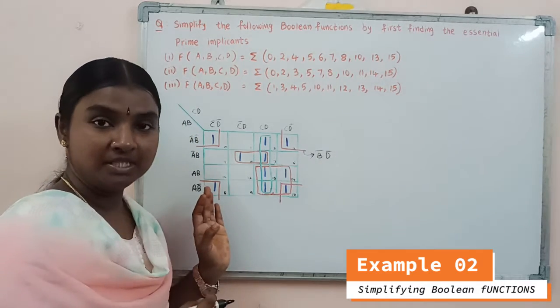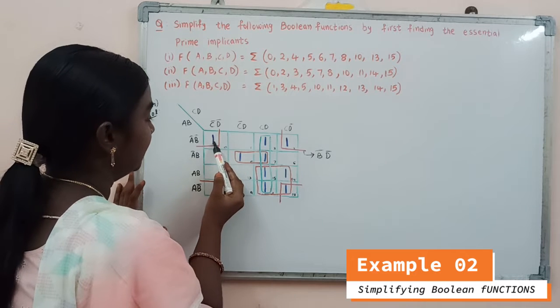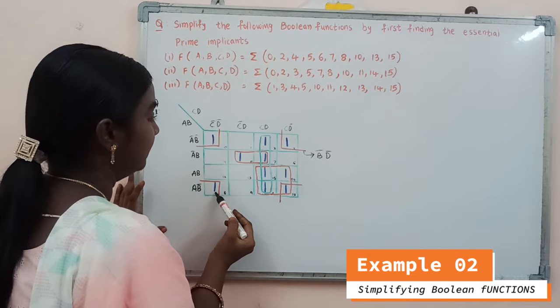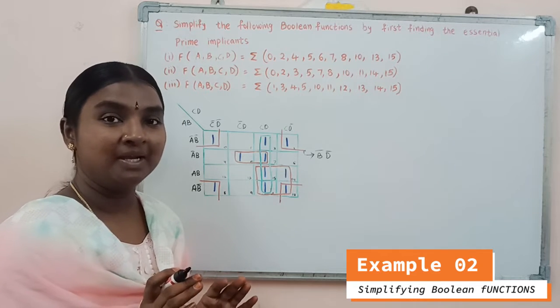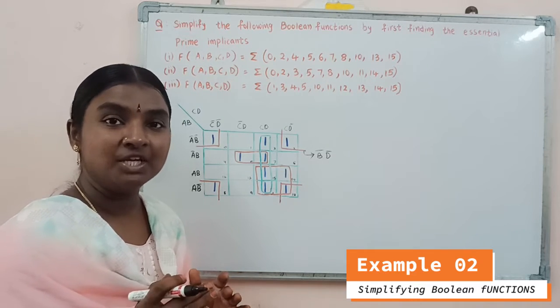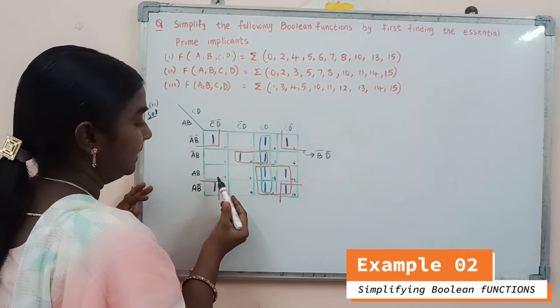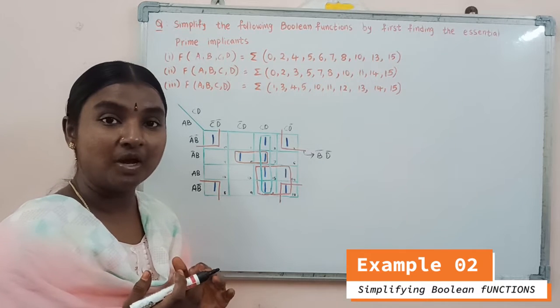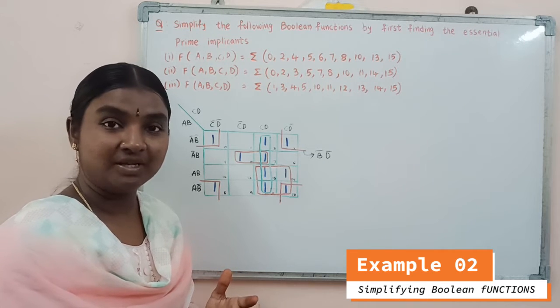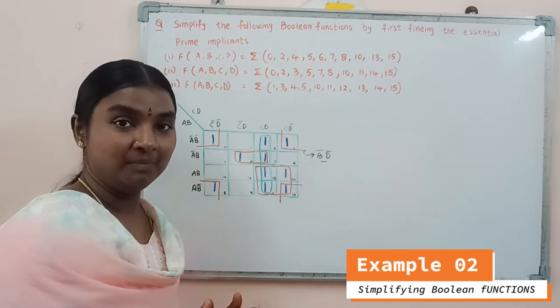If we observe this group, there are 2 minterms, M0 and M8, which are not covered by any other prime implicant, because there is no chance to combine with other ones, since there is no one there. So this prime implicant is known as an essential prime implicant.